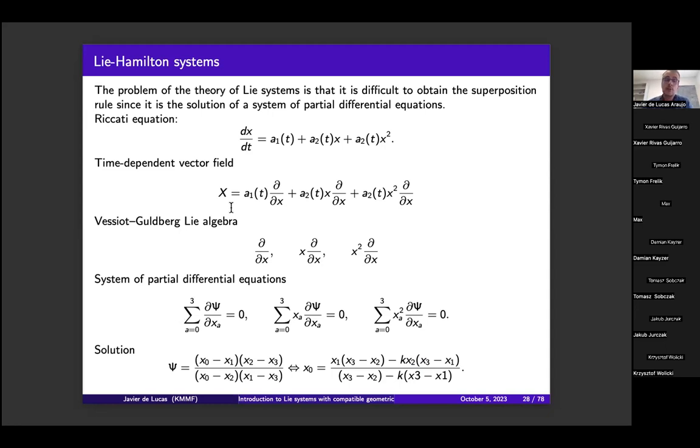In general, it's easier than solving the Riccati equation. There are, in general, no analytic solutions of this differential equation for general time-dependent functions. No general method, let's say. But the superposition rule exists, no matter what A1, A2, A3 are. So you can use it even when you cannot solve this.